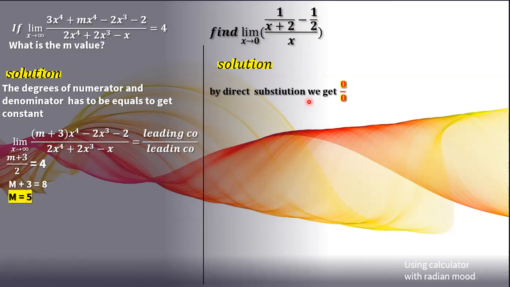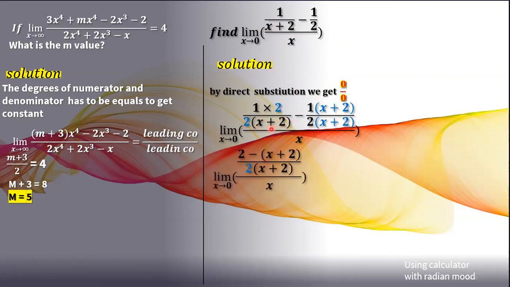So we have to make some operations to get the factor which makes the numerator and the denominator equal 0. Now we will make the same denominator in the numerator. So we will multiply the first one by 2 up and down, and the second one by (x plus 2) up and down.